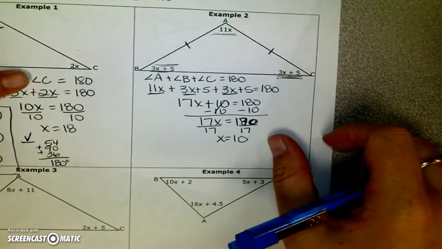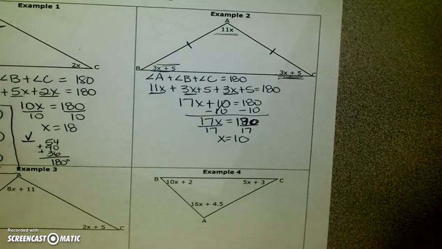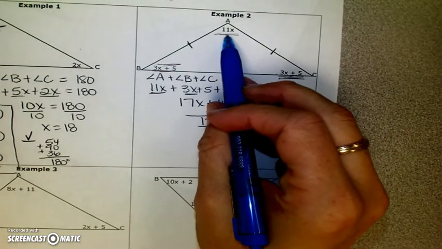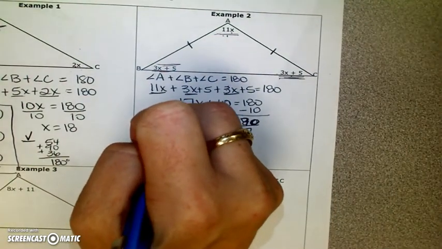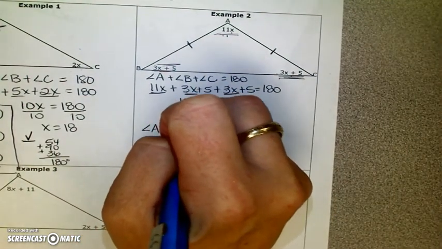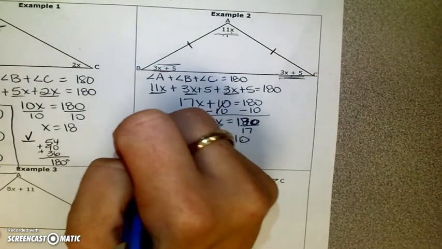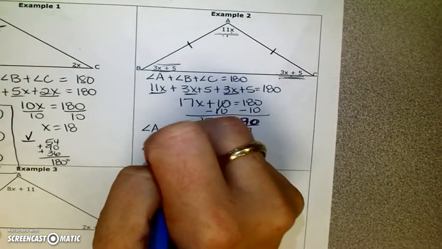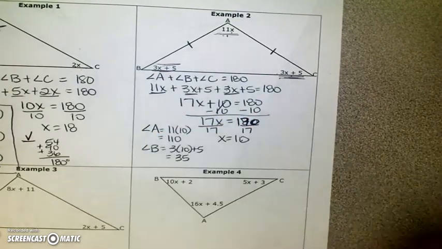Now, just like example 1, that is not the answer to all of our angles. We have to substitute in 10 wherever x is. So angle A is equal to 11 times 10, and that equals 110. Angle B is 3 times 10 plus 5, so that's going to equal 35.